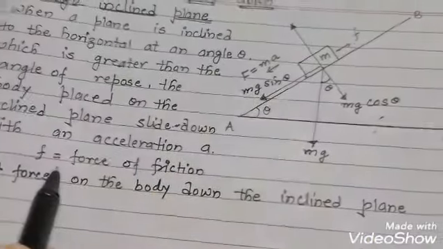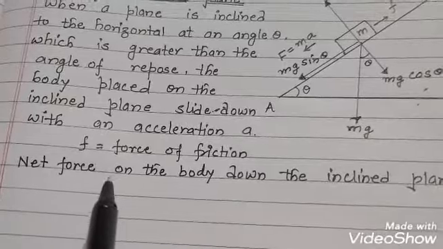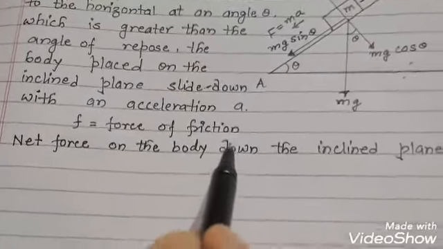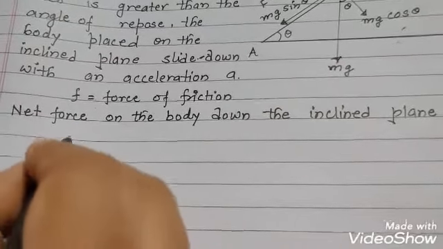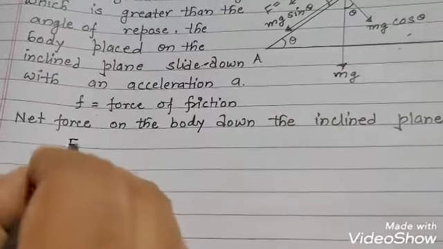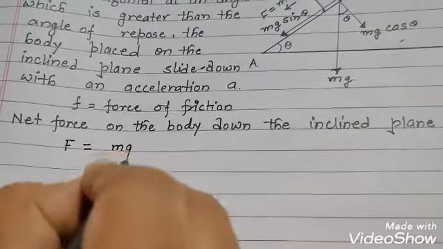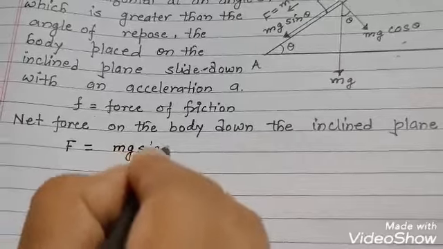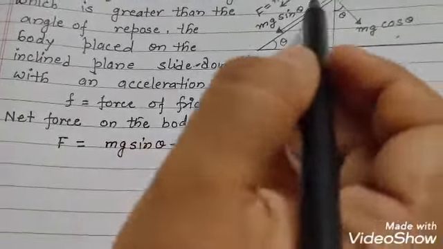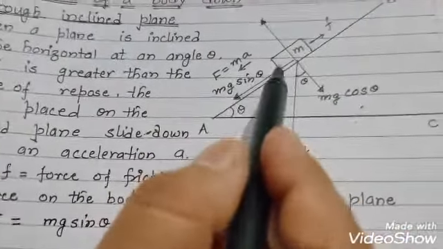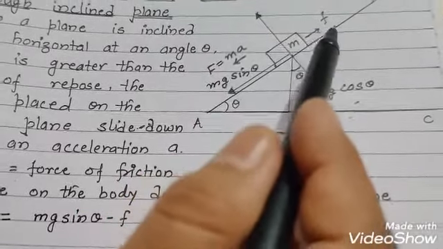That means the net force on the body down the inclined plane will be equal to F, and this is equal to mg sin theta minus f. You will see here mg sin theta is working in this direction and f is working in this direction.